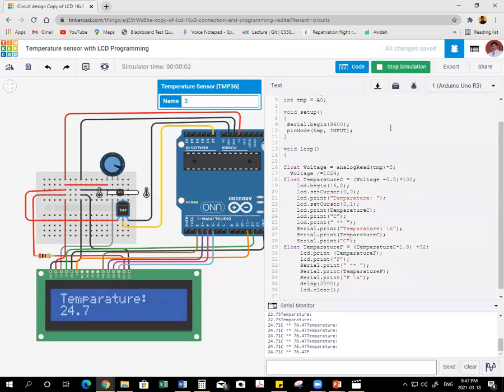Okay. Temperature. Yeah, now it's coming. Temperature 24.71 degrees centigrade and 76.47 degrees Fahrenheit. Successfully we are printing the temperature value. Now change the temperature, and it will change. See, now change here, minus.